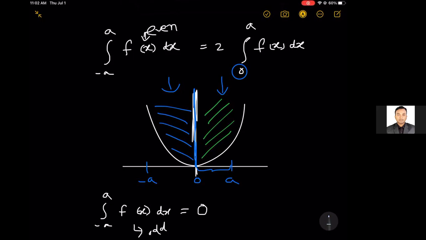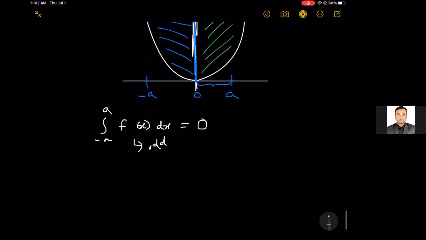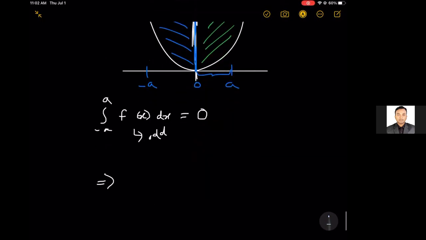Let me show you the algebraic approach. You can rewrite it as negative a to 0 and then 0 to a, right? I'm just subdividing this interval negative a to a into two parts, negative a to 0 and 0 to a.